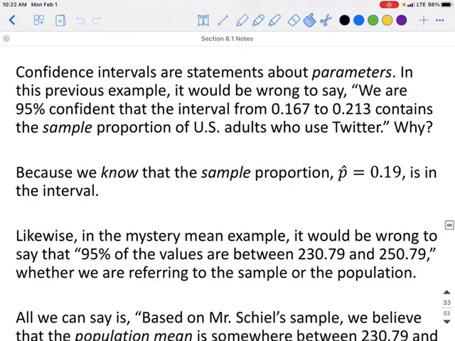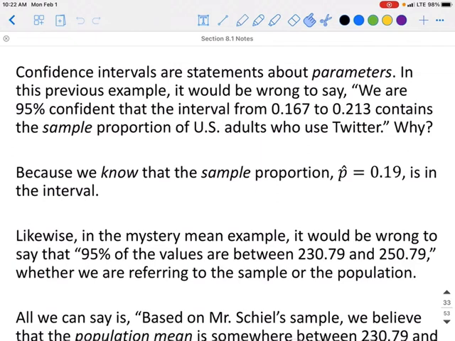Confidence intervals are statements about parameters. In the previous example, it would be wrong to say we are 95% confident that the interval from 0.167 to 0.213 contains the sample proportion of U.S. adults. Why? Because we know that the sample proportion was 0.19, and we definitely know that it's in the interval.